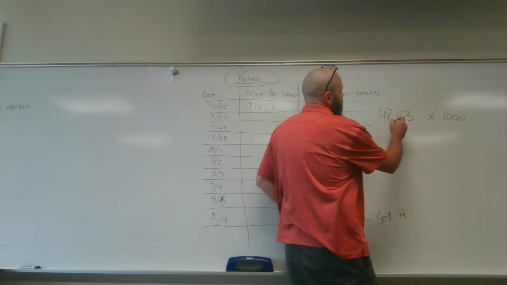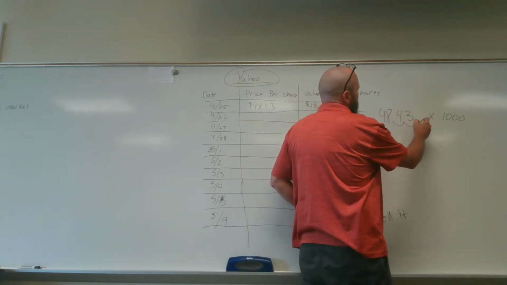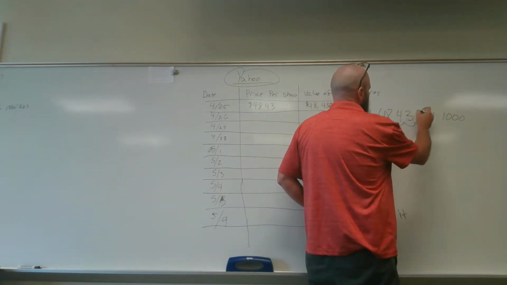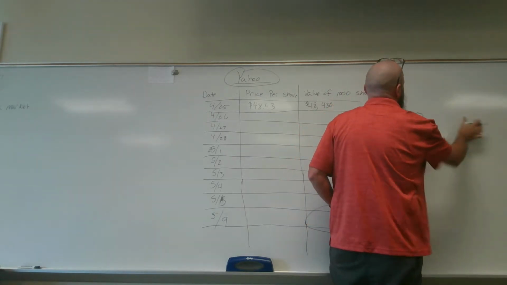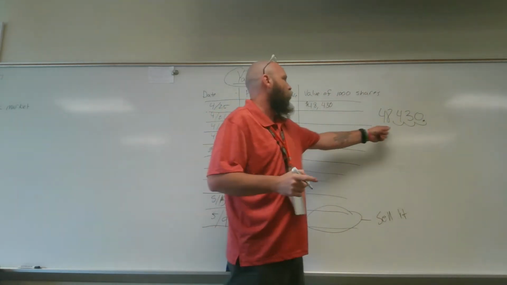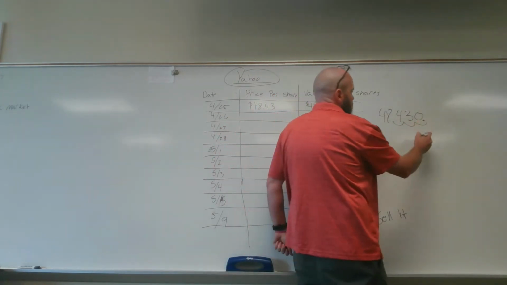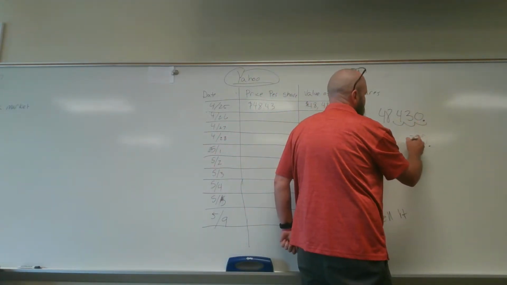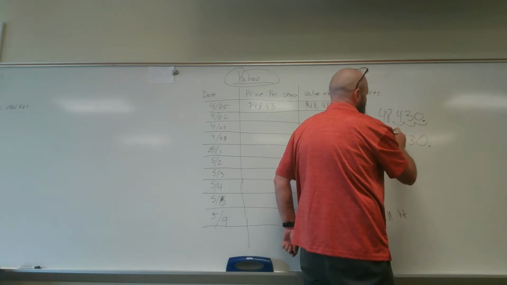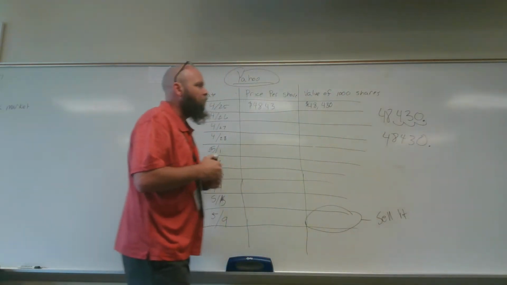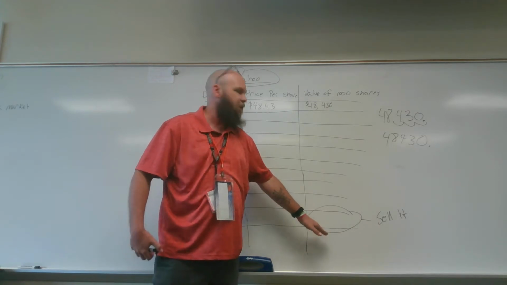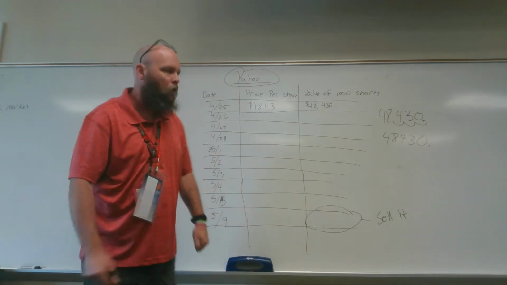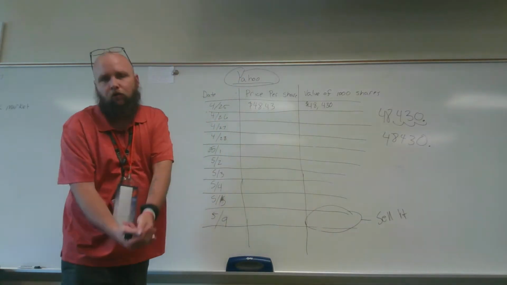That means I move my decimal point to the right 3 times. So I'd have to add a 0 there. That's where my decimal point would go. That's how I got 48,430. Okay, so I don't even really have to do any math until I get to the bottom, and see how much I sold it for. Did I make money? Did I lose money?